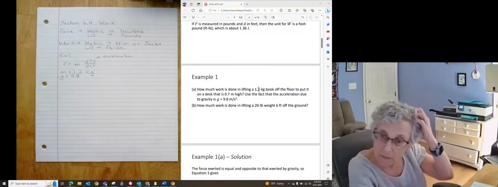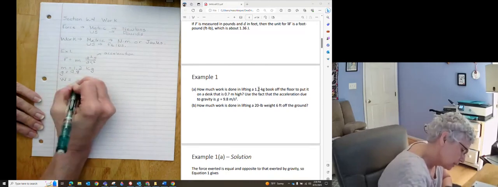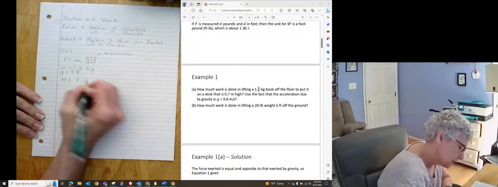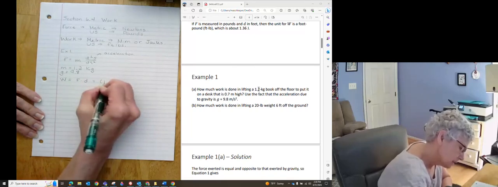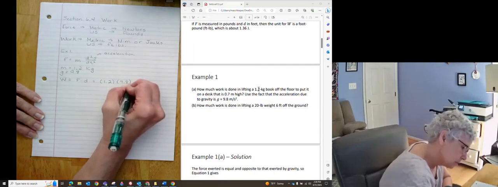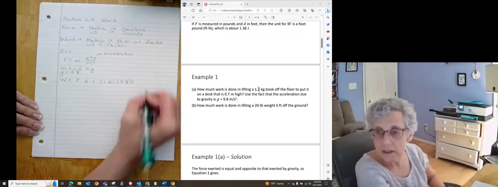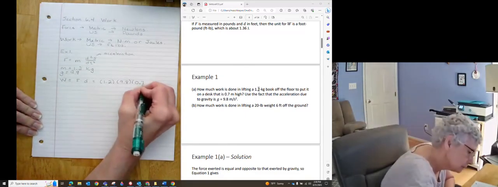And we want to know the amount of work that's done, so work is going to be equal to force times distance, which would be 1.2 times 9.8 times the distance, 0.7 meters.